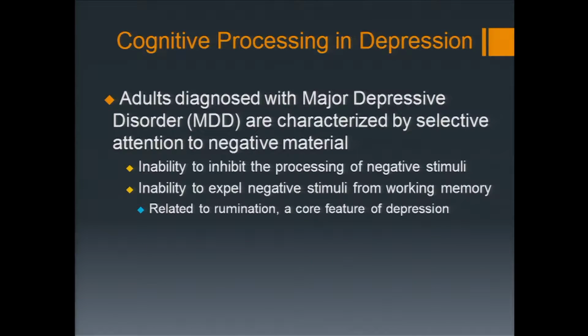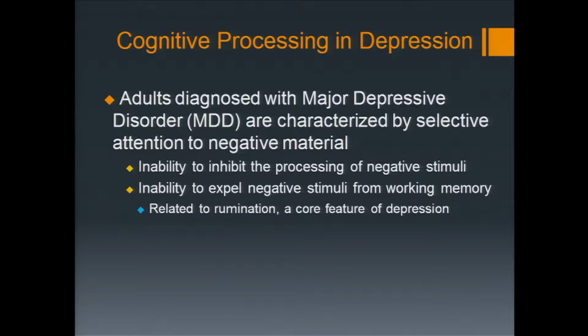They attend to negative material. They can't inhibit processing negative parts of their worlds. When they process this information, they can't expel that negative information from working memory. Cognitively, of course, that's rehearsal, and because it's negative material clinically, that looks like rumination to us.